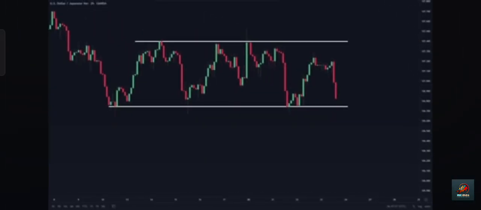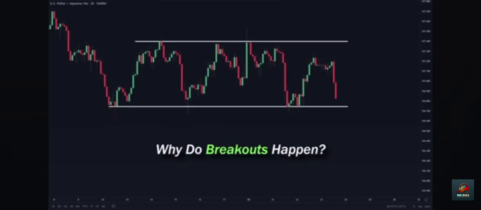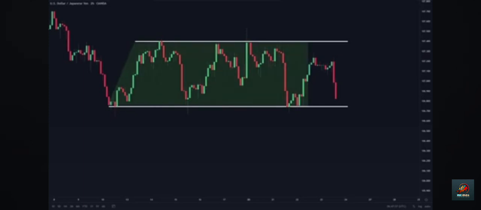Now, a common question that people tend to ask is, why do breakouts happen? What's the logic behind it? Well, let me explain. When prices are on a period of consolidation, it means that both buyers and sellers are equally strong. But once a breakout happens, let's say to the downside, all of a sudden, sellers are now stronger.